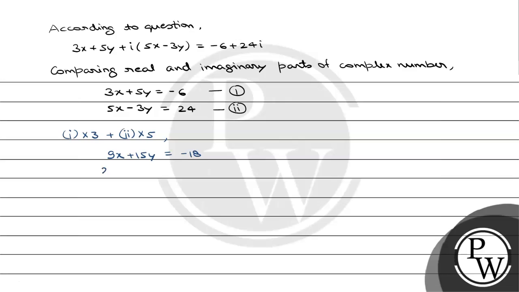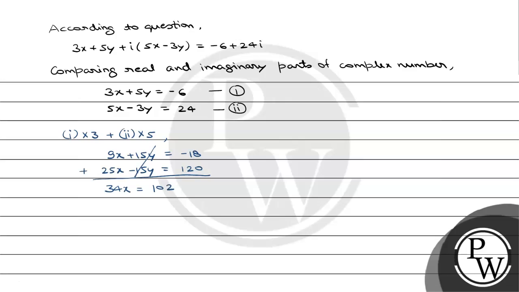So 5 into 5 is 25x, 5 into 3 is 15y and 24 into 5 is 120. Now we have to add both the equations. When we add, 15y and minus 15y will get cancelled out. 25 plus 9 is going to give us 34x, which will be equal to 120 minus 18, which gives us 102.